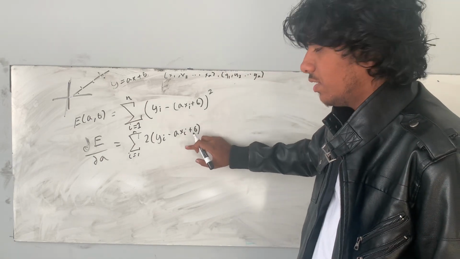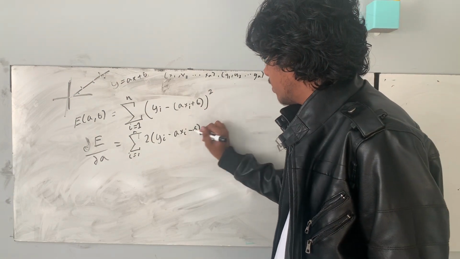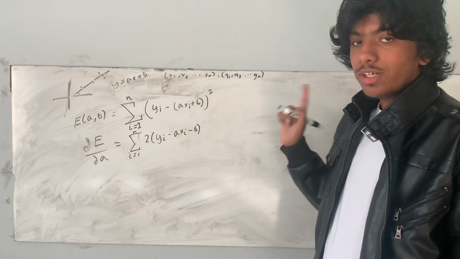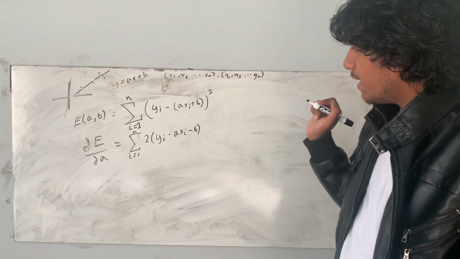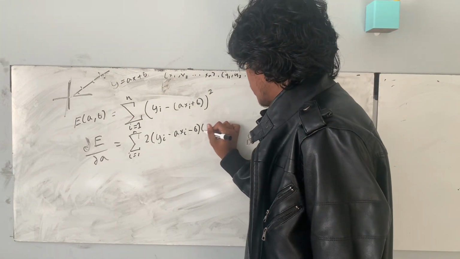Minus b actually. Yeah, minus b. Now we have to do another chain rule because negative xi is technically a constant, so let's multiply by negative xi.